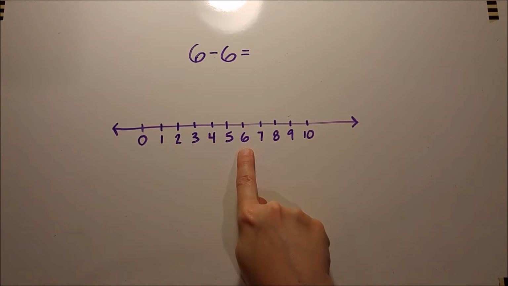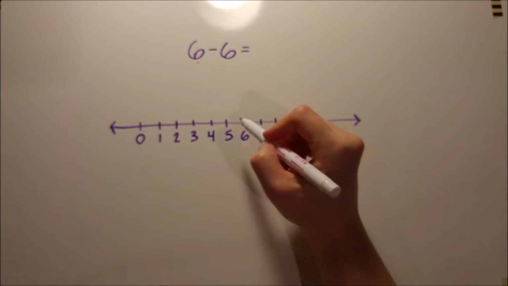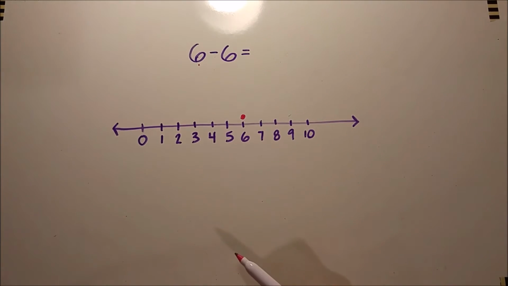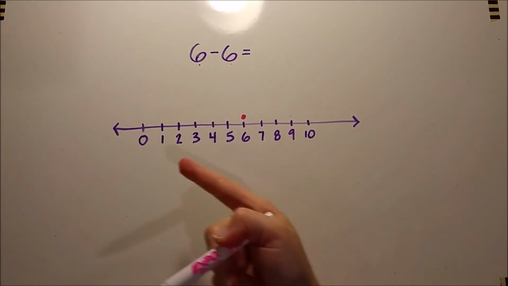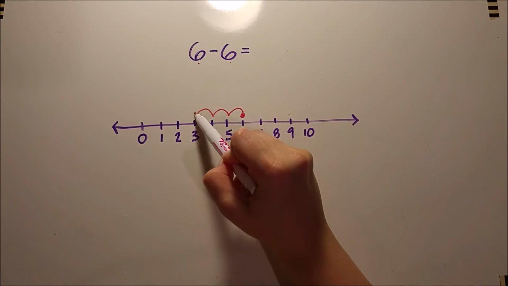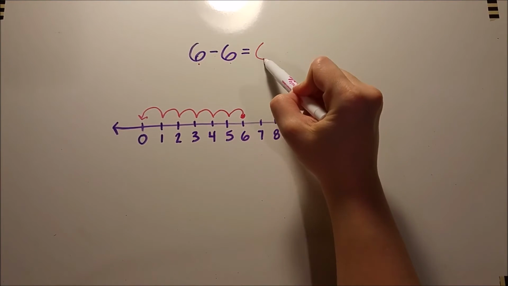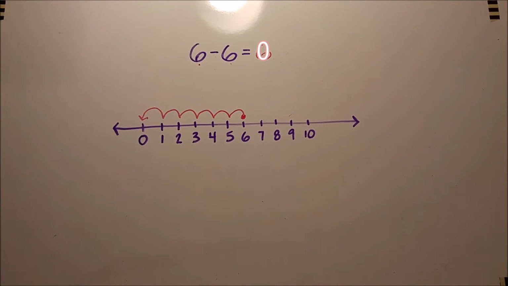But let's prove it on the number line. In math, you always want to prove it. So we were going to start at 6. And we're going to take 6 hops. Subtract to the left. 1, 2, 3, 4, 5, 6. 6 minus 6 is 0. Ta-da!